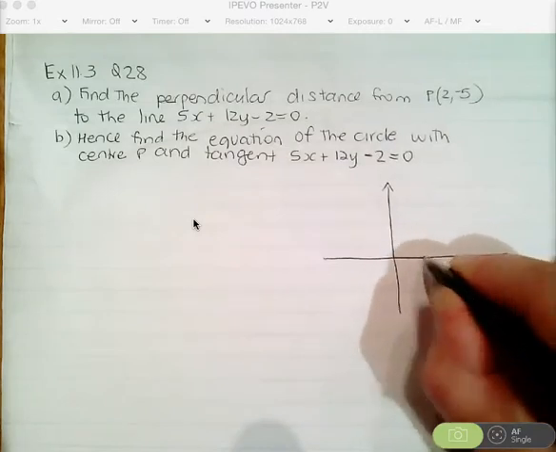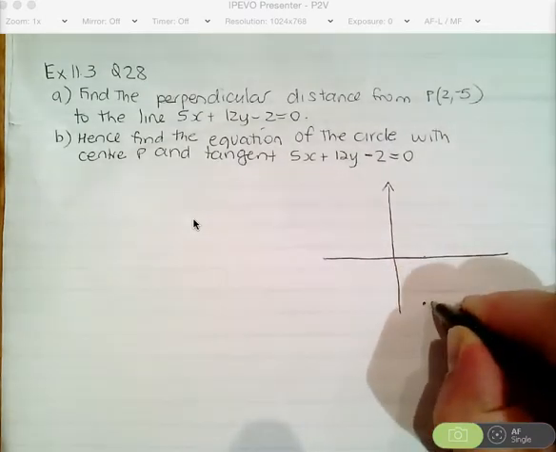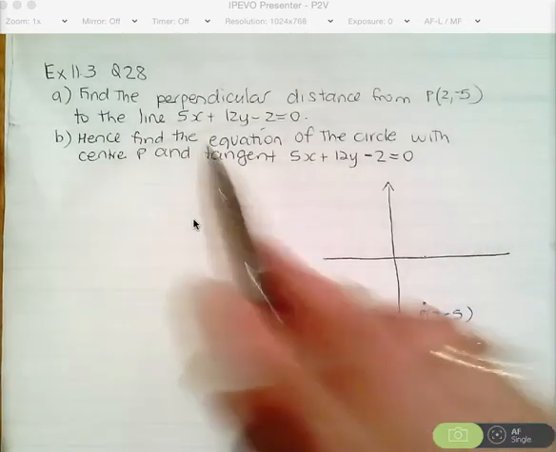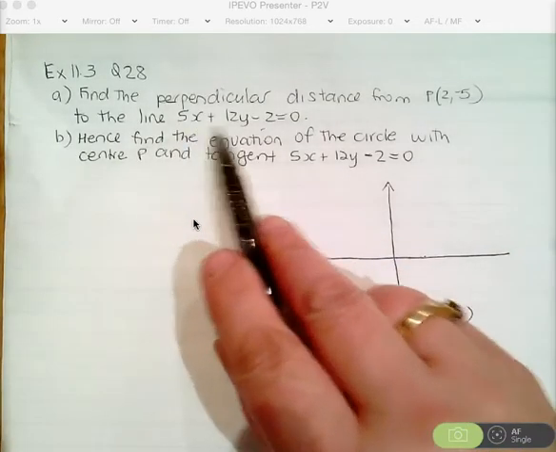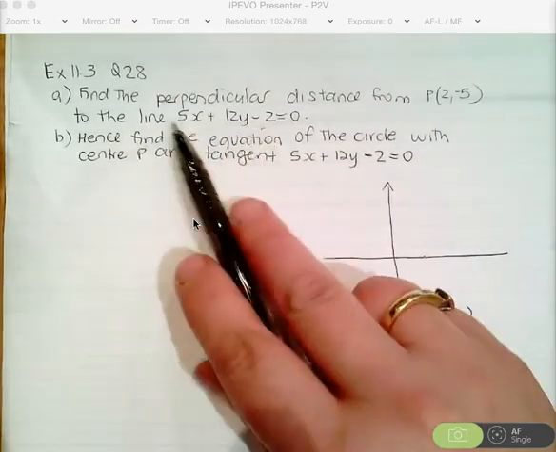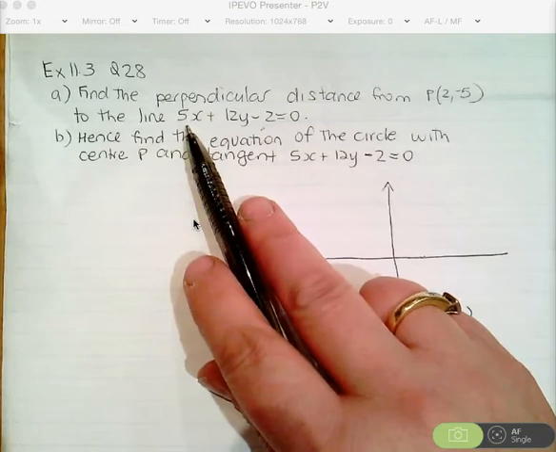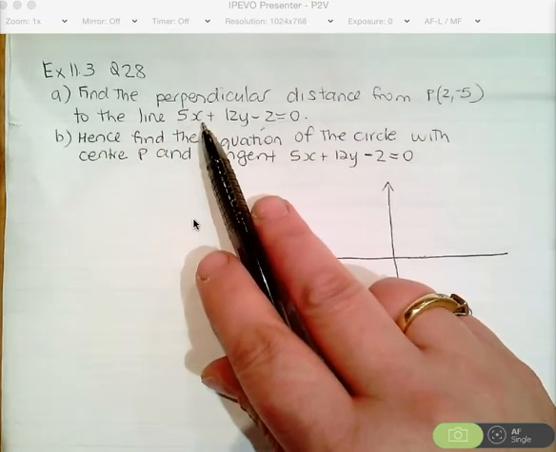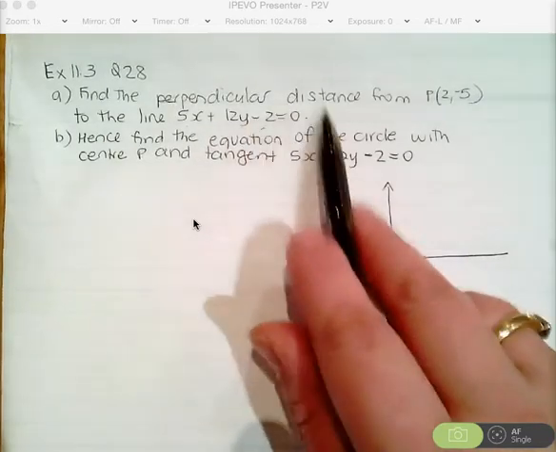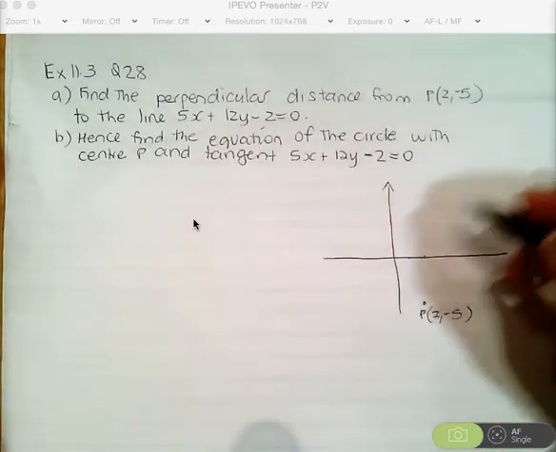We've got the point P, which is (2, -5). That might be somewhere down here. And you want the distance from that point to the line 5x plus 12y minus 2 equals 0. To quickly sketch that line, I can find the y-intercept. To find the y-intercept, put x equals 0. If x is 0, y will be, I think, 1/6 is what I get.